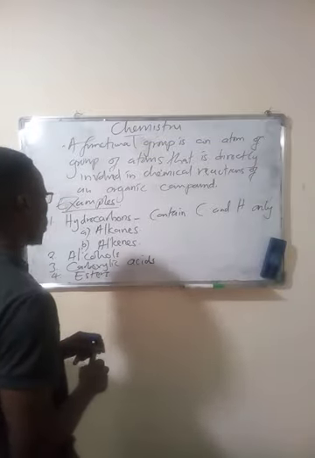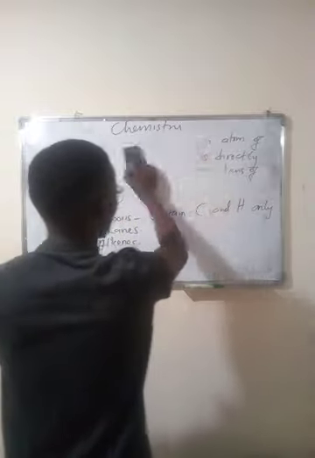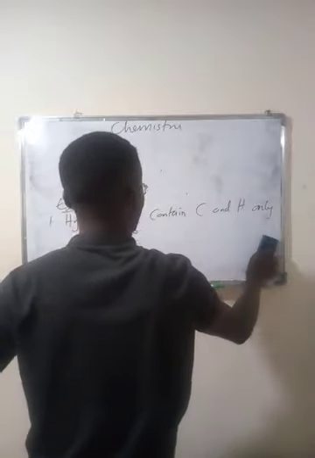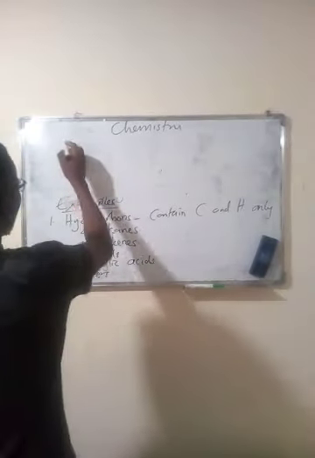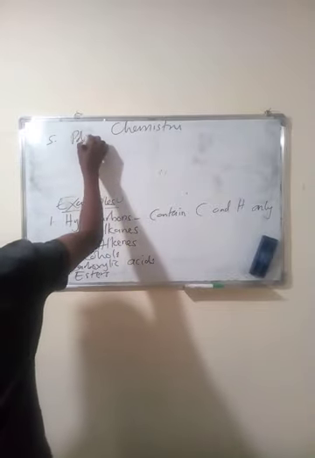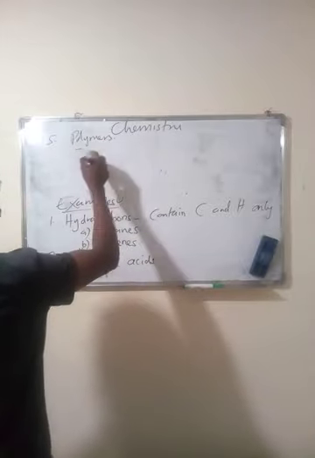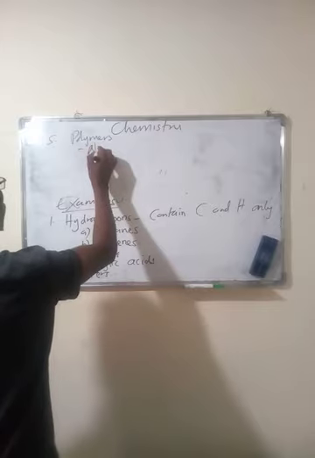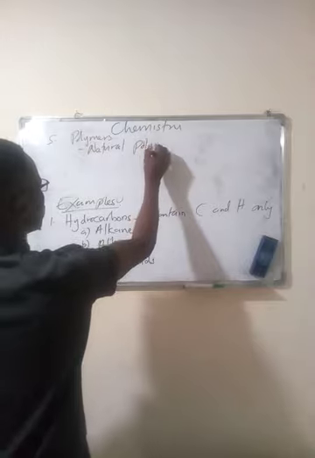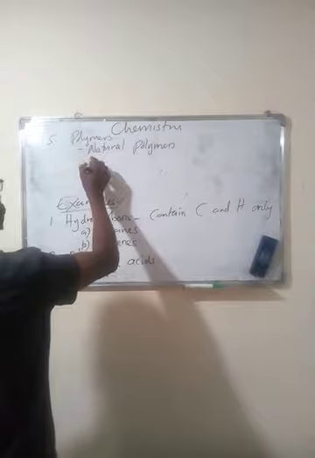So maybe let me also just give an outline of how we're going to talk about polymers, and then I'm going to end that video so that we can start another one. Under polymers, we have natural polymers, and then we have synthetic polymers.